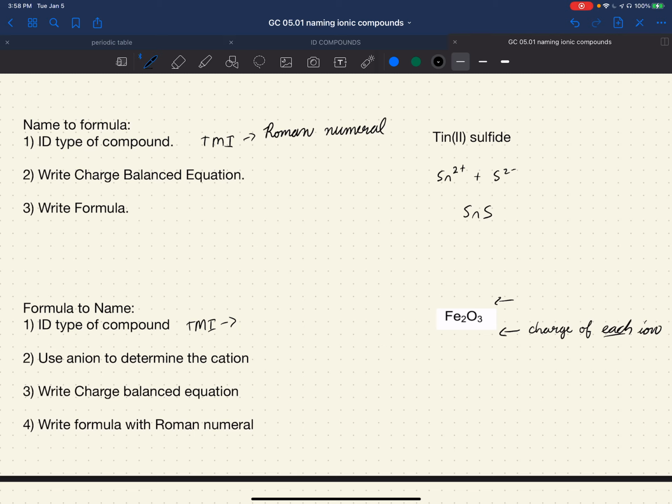And then above, I write the total charge. So the anion is oxide ion, O, and that has a charge of -2. So each oxide ion has a charge of -2. There are 3 of them, so 3 times -2 is -6.